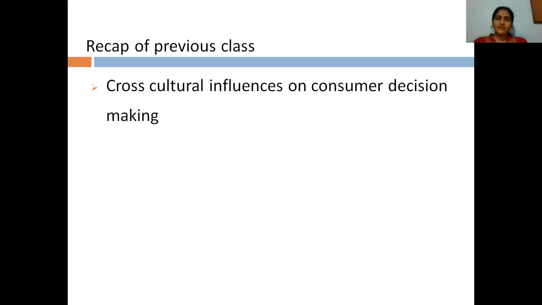Different cultures have their different standards and code of conduct for buying a particular product or service. Different localities, different geographical areas, different countries will be having different cultures. So how all these cultures can be combined and can be used for making a particular influence on the consumer to buy the product or service, that we have seen in the previous class.